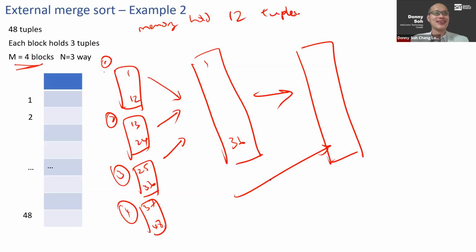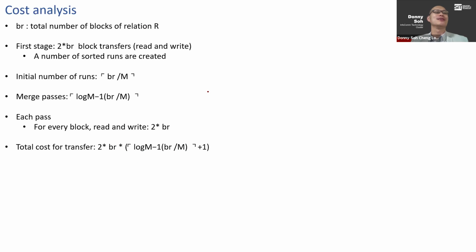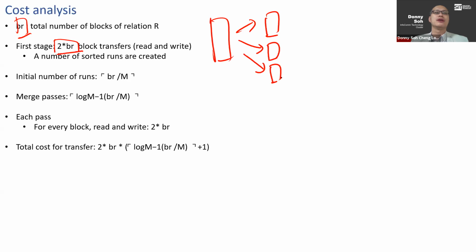Okay, anyway, go on. So the cost. Let's say we have BR, which is the number of blocks in R. In the first stage where we create the runs, we incur a cost of 2 times BR, for the reading and the writing. So we first incur this cost as we are creating our runs.